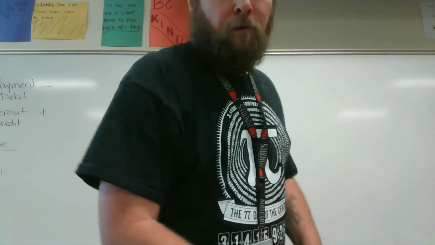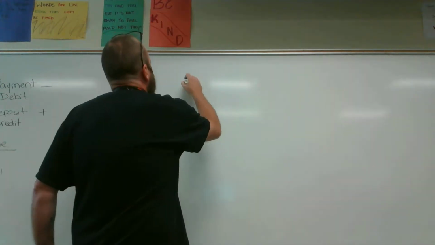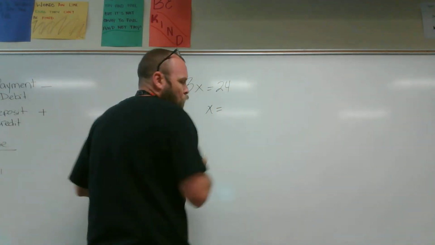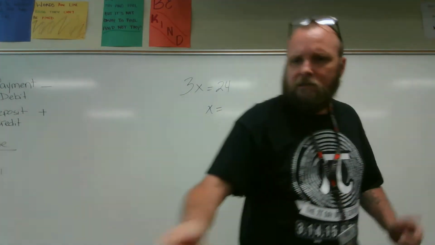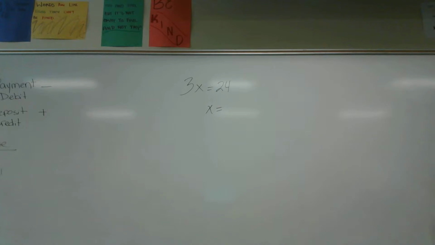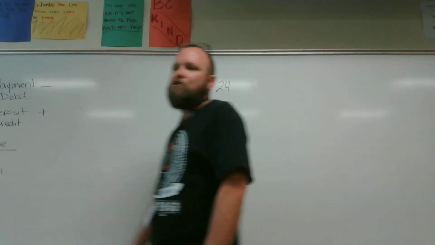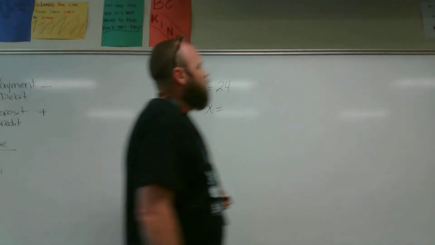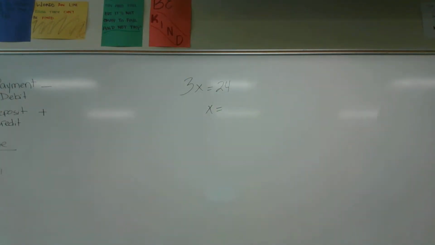Let's look at the next one, 3x equals 24. X equals. Now, let's go to Ashley. A number and a letter side by side means what, Ashley? A number and a letter side by side means you multiply.